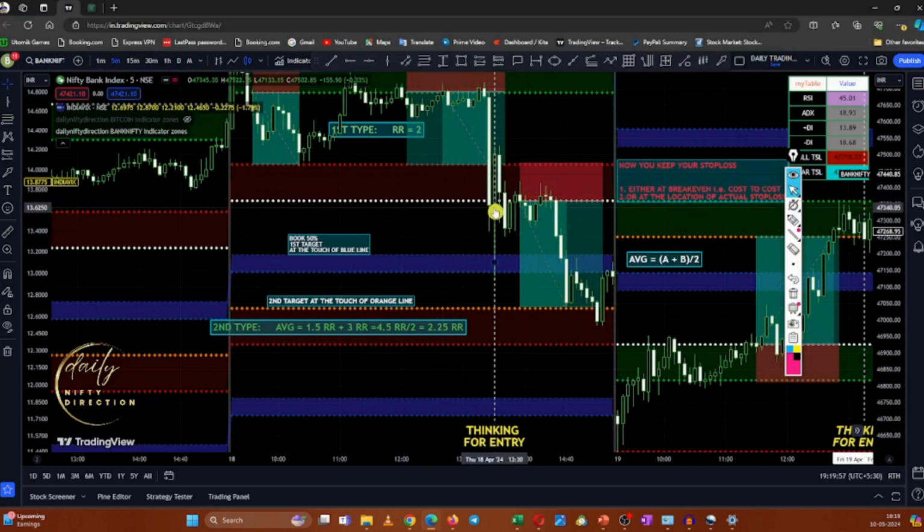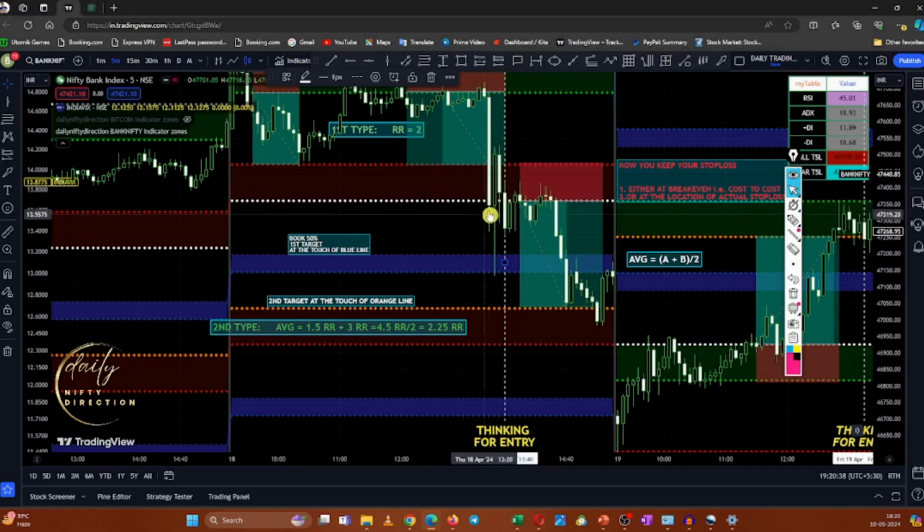So you will wait for this zone to take support at your SL and then reverse. Okay, so this is now your thinking. But again what happened, it broke your zone again.